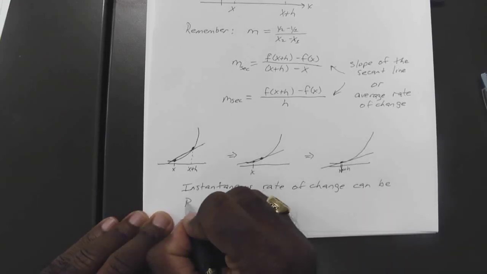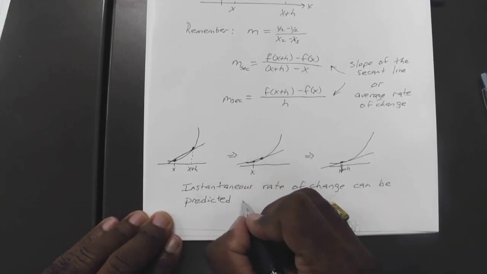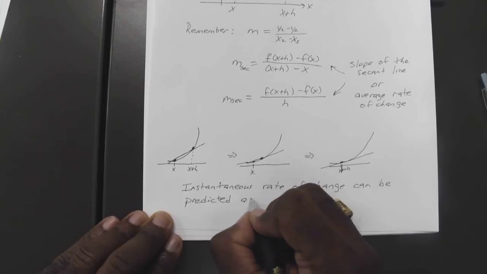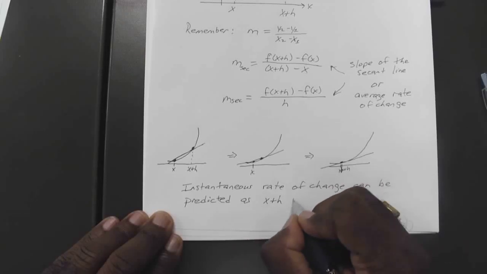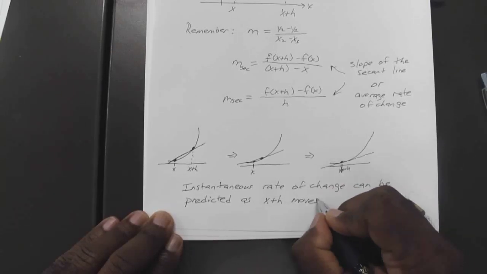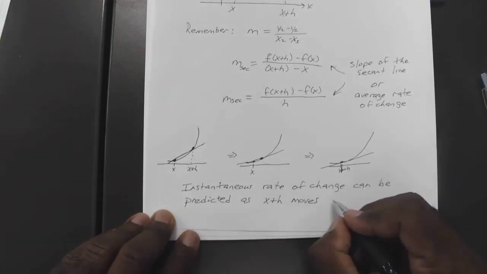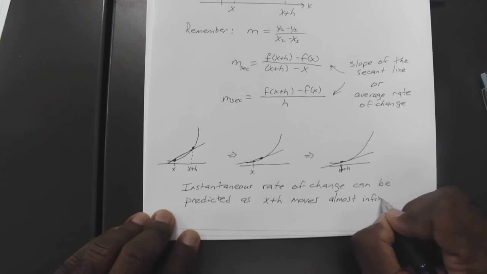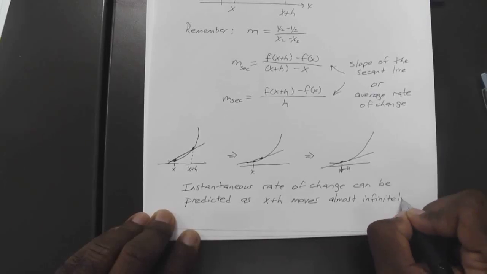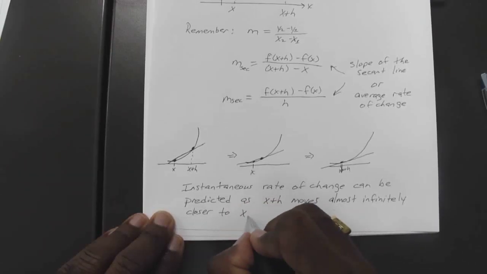It can be predicted as x plus h moves, you can say, almost infinitely closer to x.